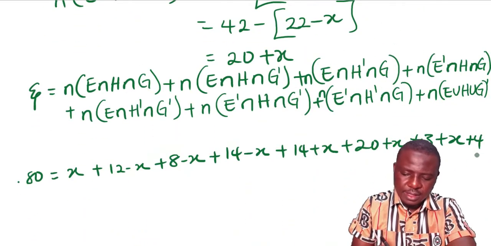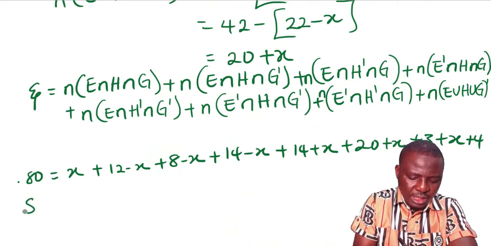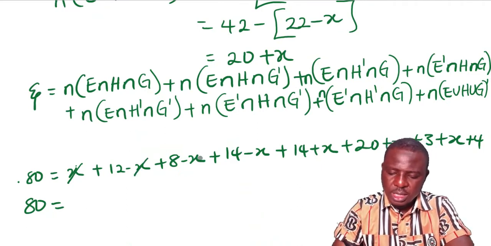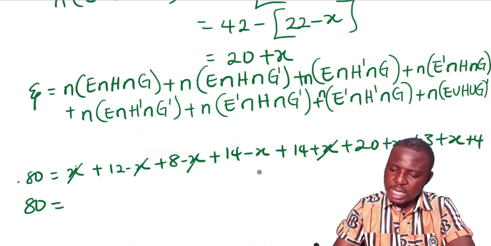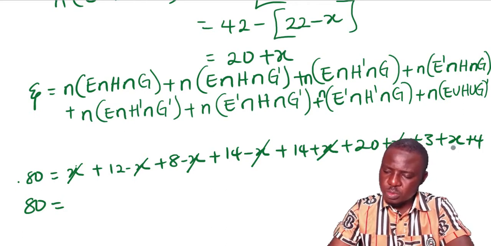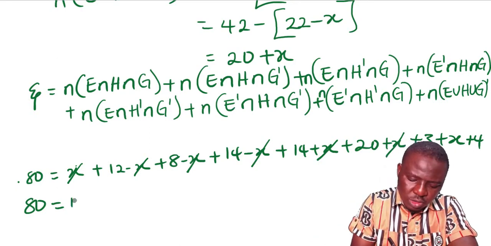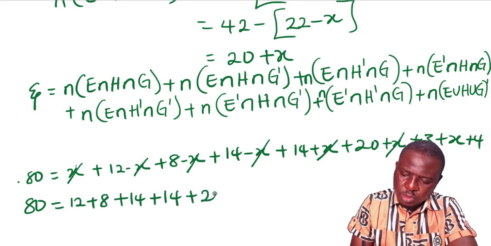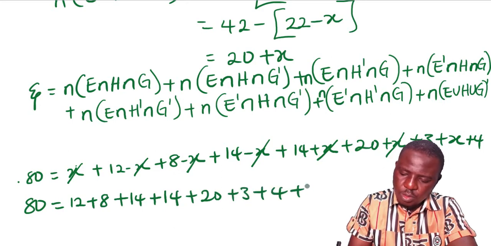And then you simplify. Simplifying this, from the left hand side we have 80 is equal to: plus x will cancel out minus x, this will also do the same to this, and there is no other negative x to cancel out positive x. So what is left now is 12 plus 8 plus 14 plus another 14 plus 20 plus 3 plus 4 plus x.